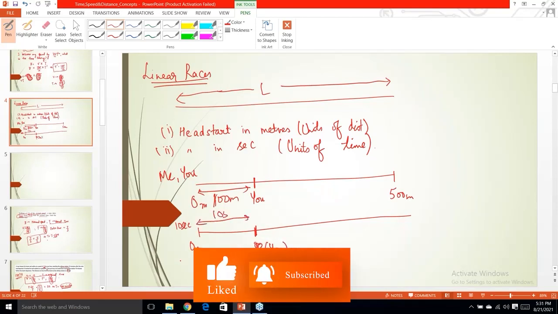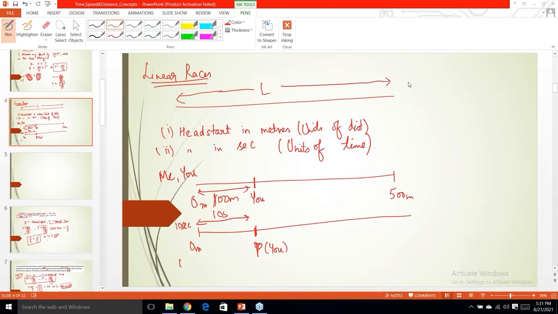So basically if you start at time 0, I start at time 10. That's it. Dead heat is when nobody is the winner. Understood these two things? Head start in meters and head start in seconds. Any doubts to anyone?